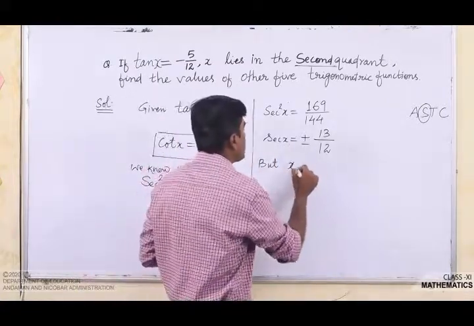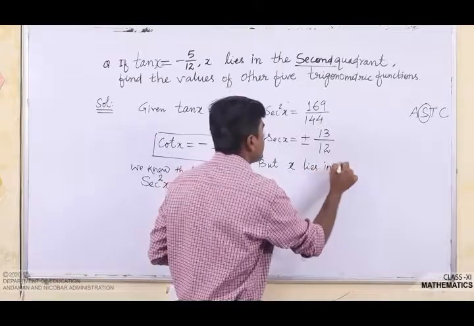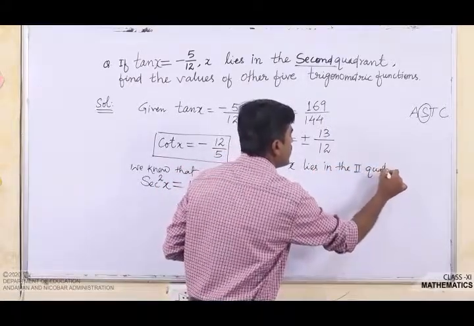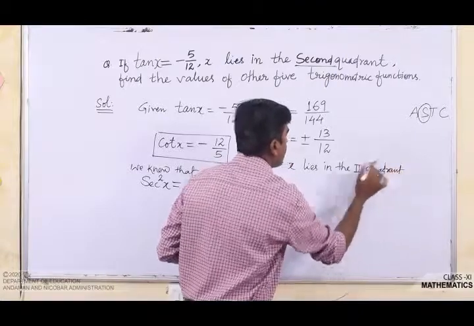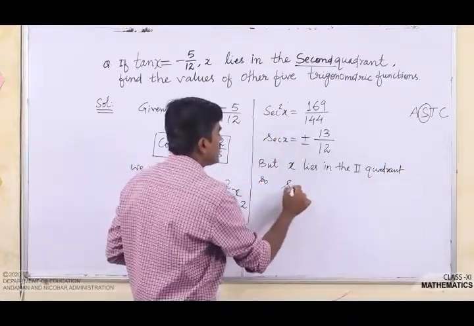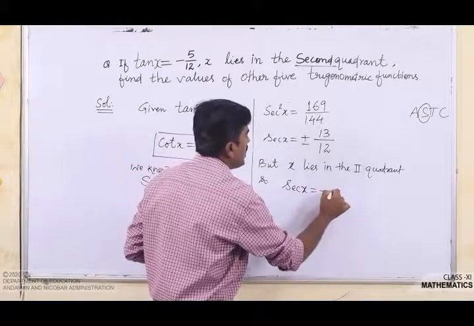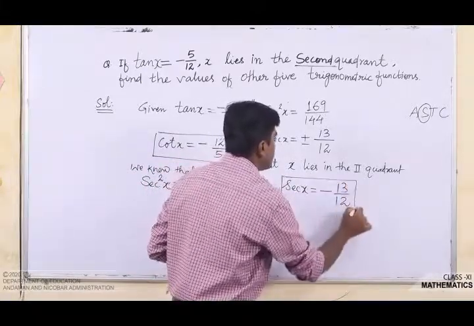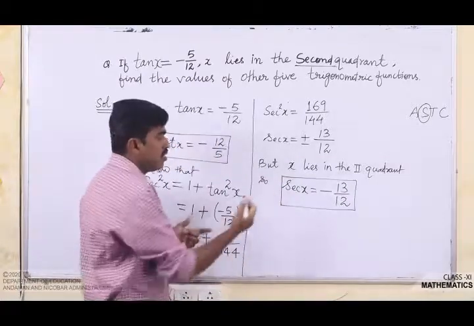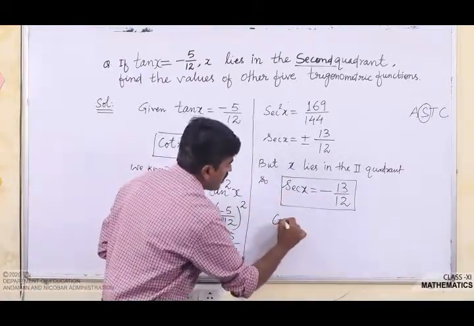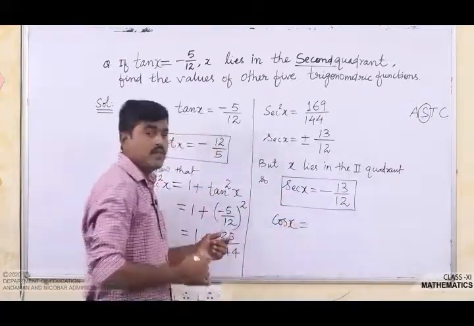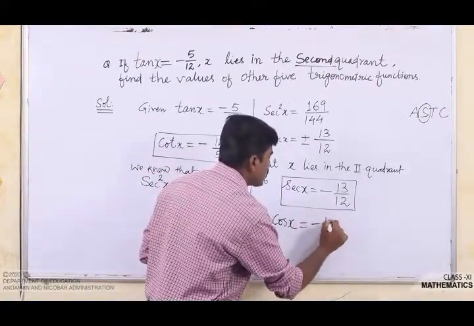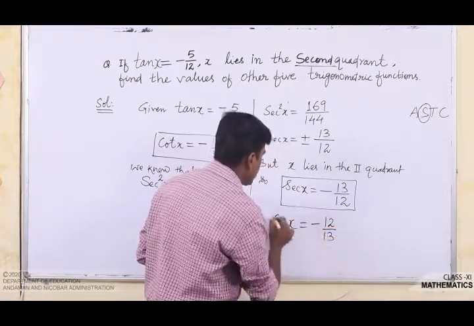So since x lies in the second quadrant, we will write sec x is equal to minus 13 divided by 12. In the second quadrant sec x is negative. Okay. So from here we will find the value of cos x, that is, cos x is the reciprocal of sec x. So we will write cos x is minus 12 divided by 13.